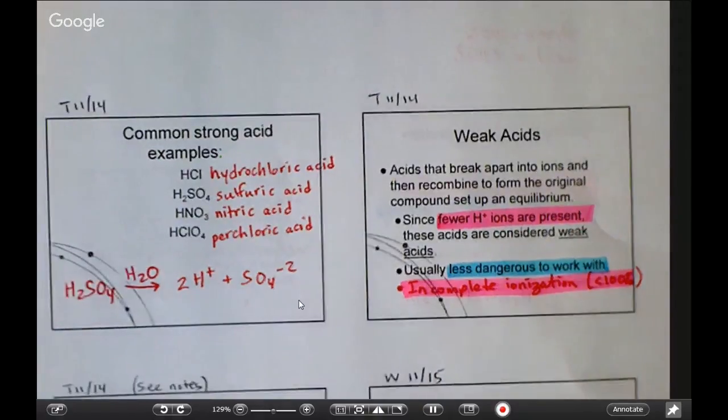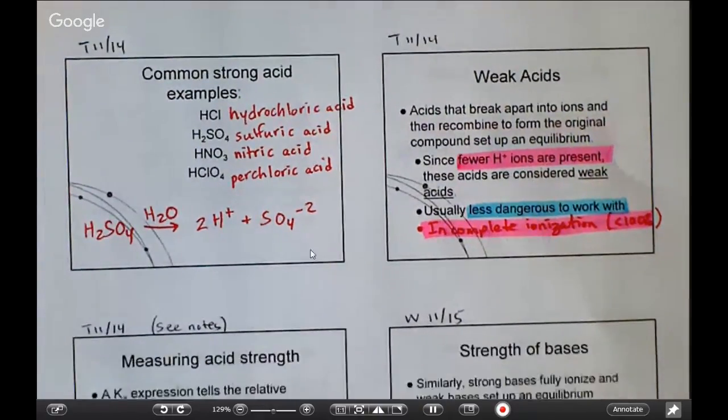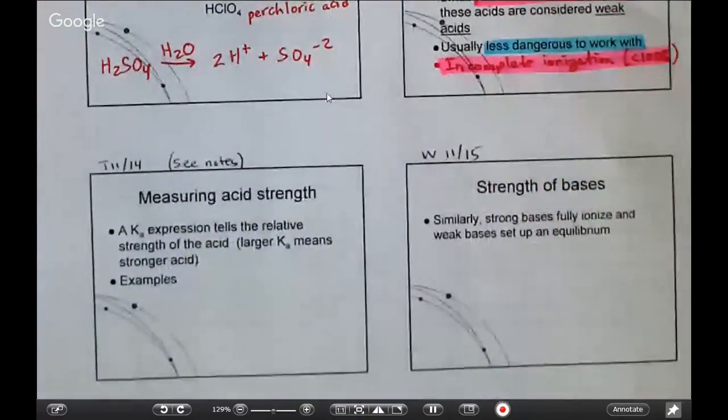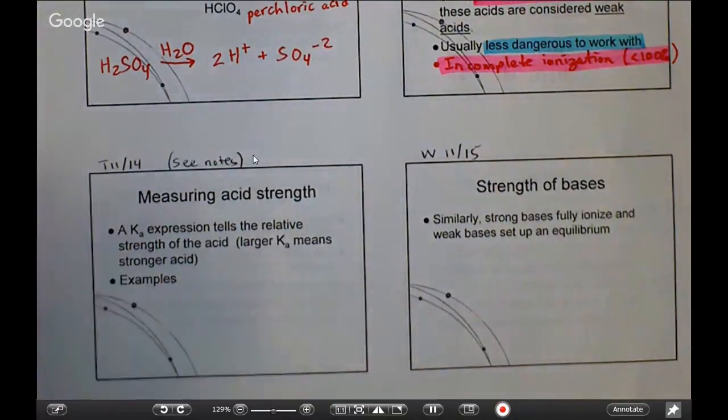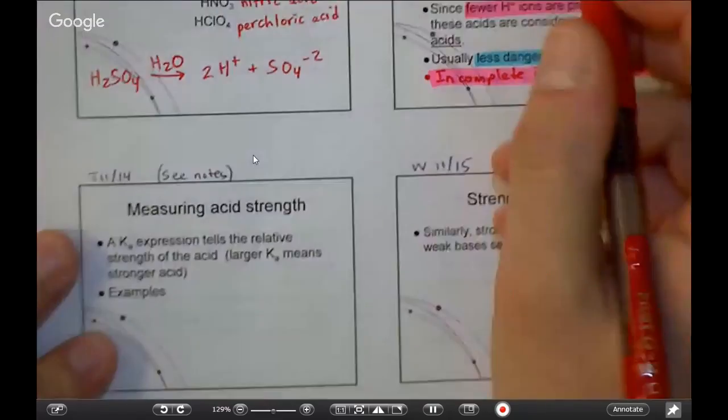All right, so let's continue on looking at weak acids, and we're going to focus on this slide with a lot more added to it. But how do we measure acid strength? By the way, I forgot to add this in the last one, and this will make sense.